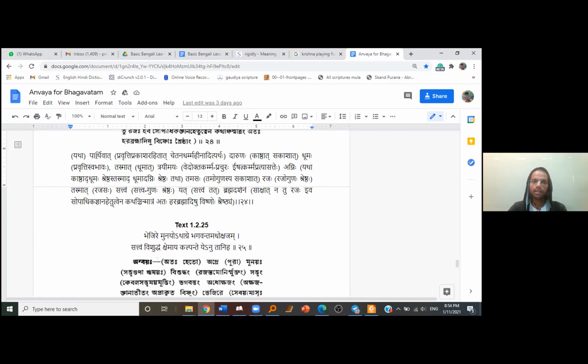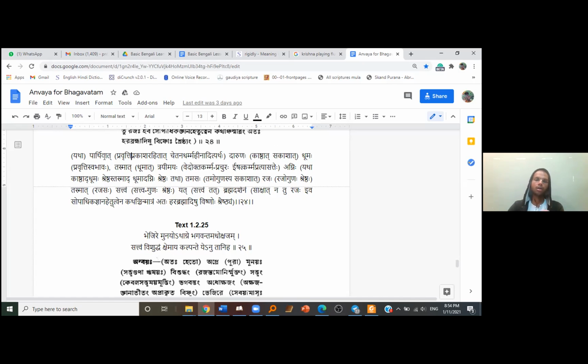Darunah, from parthivat comes darunah. From the earth grows the tree, which is known as kashta, and from daruna, from the wood, comes out dhuma. Dhuma means the smoke.